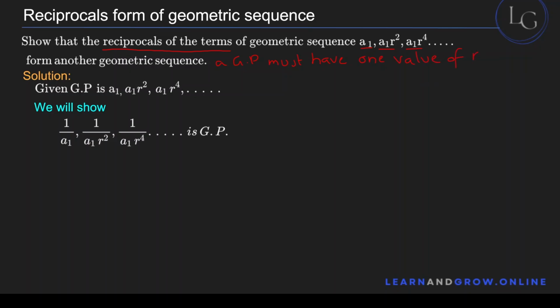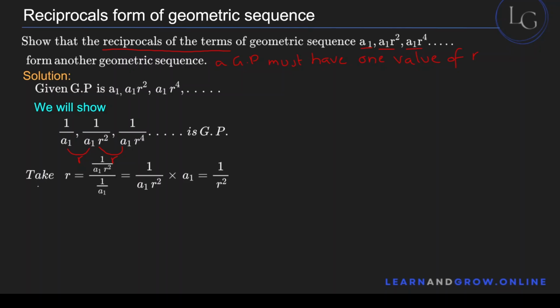So basically, we just have to prove that the common ratio between the first two terms and the common ratio between the next two terms is the same. So this is r and this is also r.